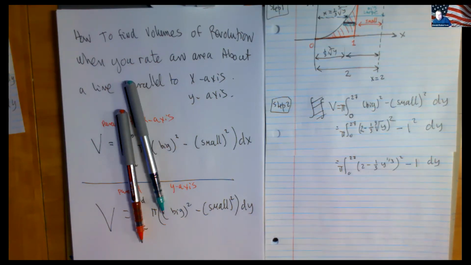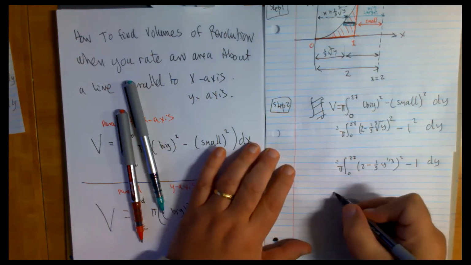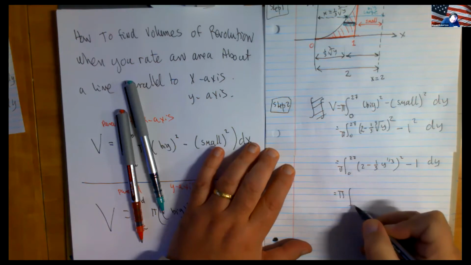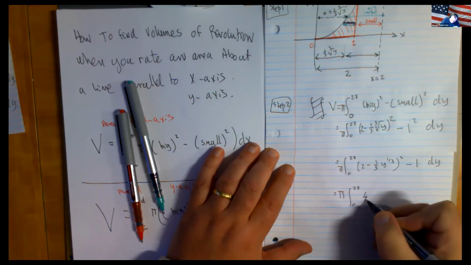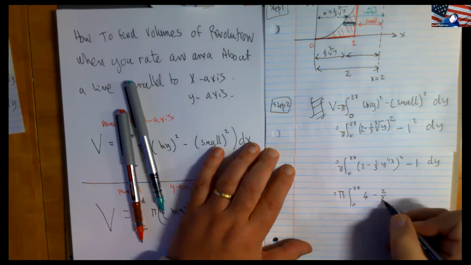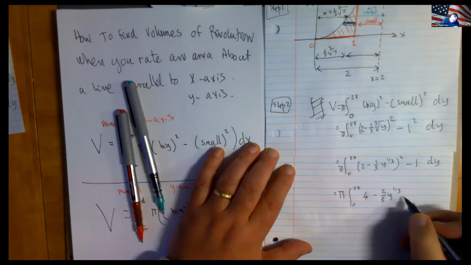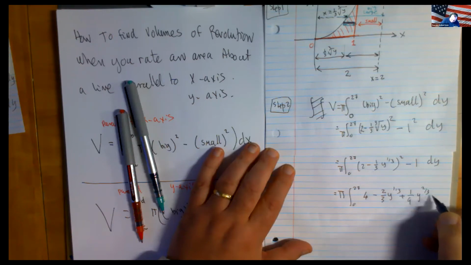Why do you think I'm doing that? It's easier to integrate, right? Yes, and easier to FOIL as well. So if you FOIL this out, you're going to get 4 take away 2/3 y to the third, plus 1/9 y to the 2/3, subtract 1.